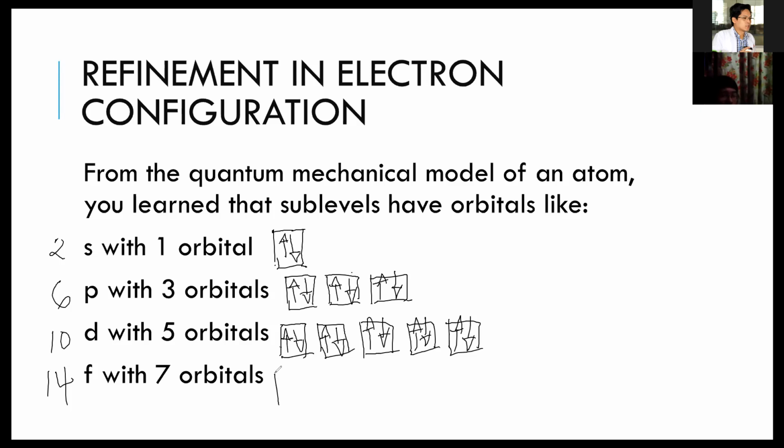How about the F subshell? The F subshell can hold up to 14 electrons. Therefore, it has 7 orbitals, which contain 14 electrons.